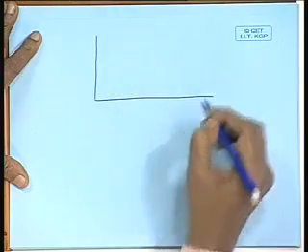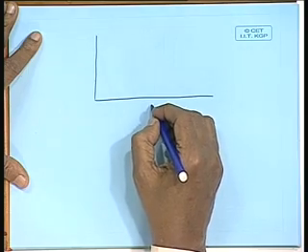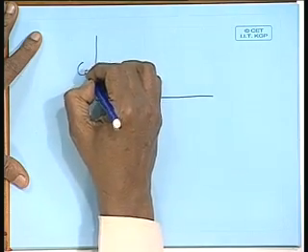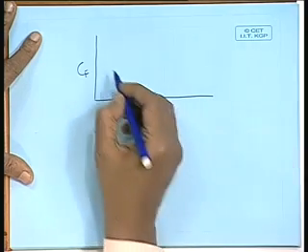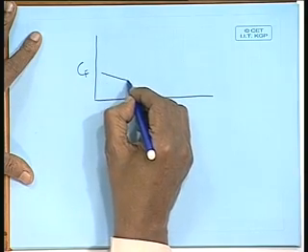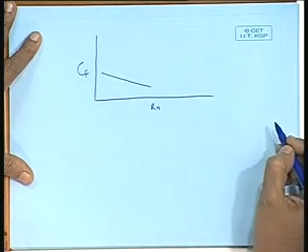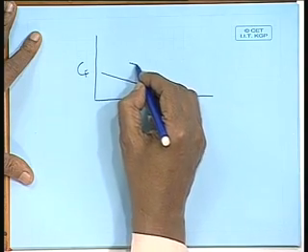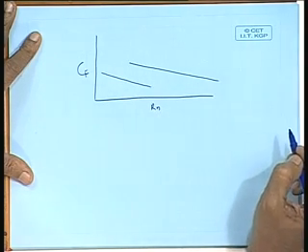Why? We have seen, let me draw it again. If I plot this as a function of Reynolds number, Cf, what have I seen? I have seen the laminar flow resistance curve goes like this and the turbulent flow goes like this.